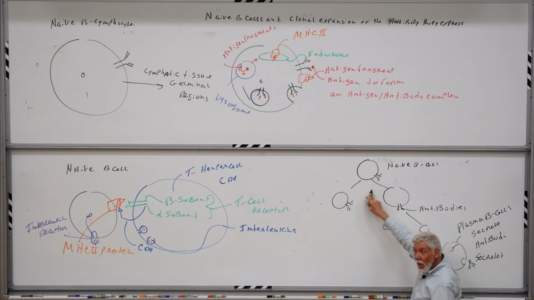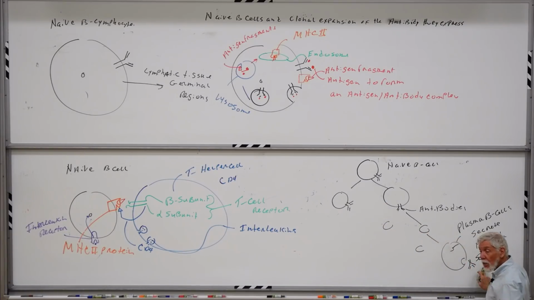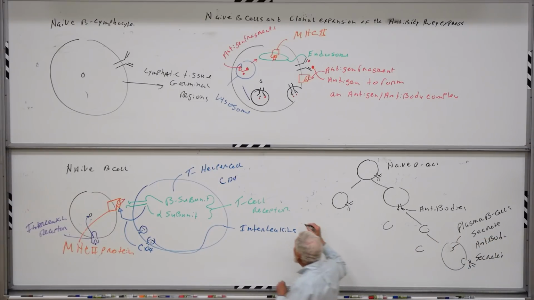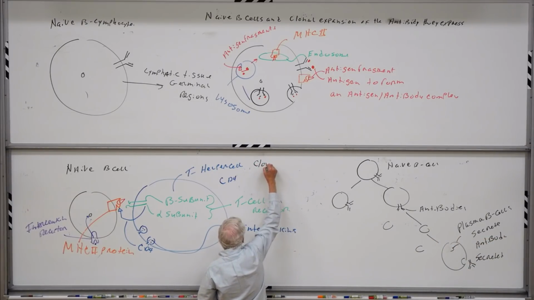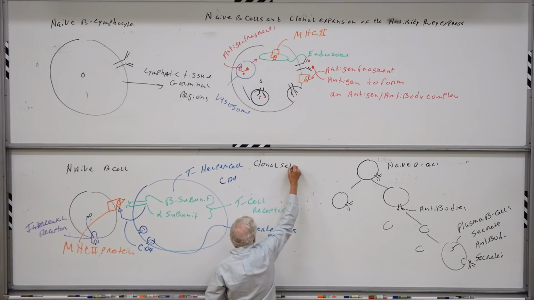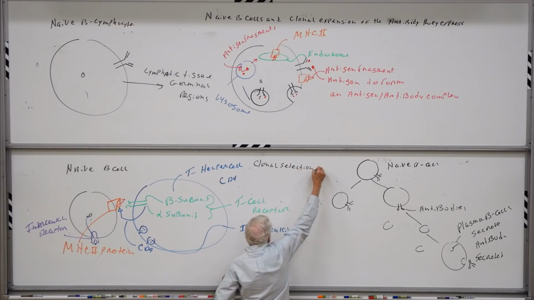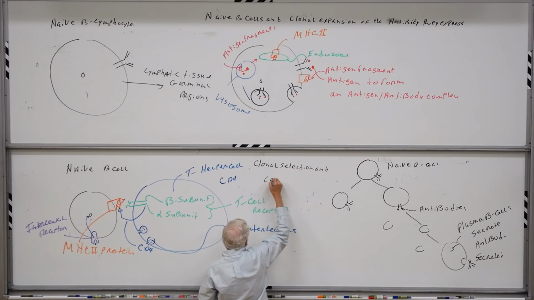And in this way, we take an individual cell, one single cell, and proliferate that cell through these cell divisions to make thousands of copies of themselves. And each one of those copies makes these antibodies. So that's this idea of clonal selection and cell proliferation.